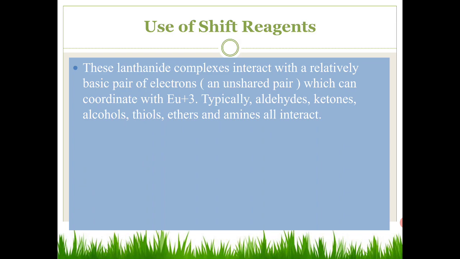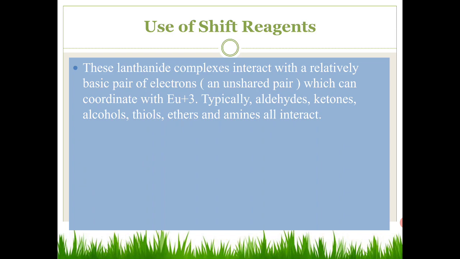These lanthanide complexes interact with a relatively basic, unshared pair of electrons. So for the shifting to happen with a shift reagent, there should be an unshared pair of electrons which can coordinate with europium 3+.